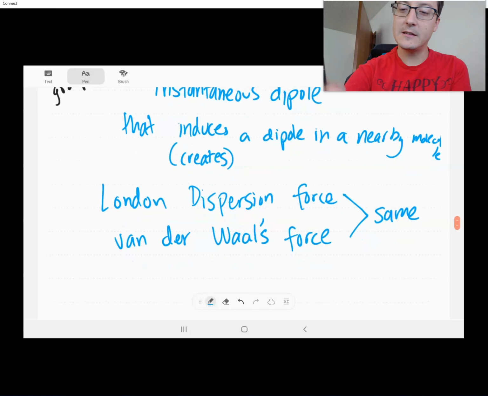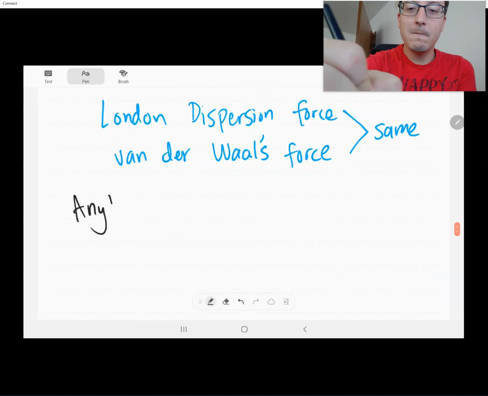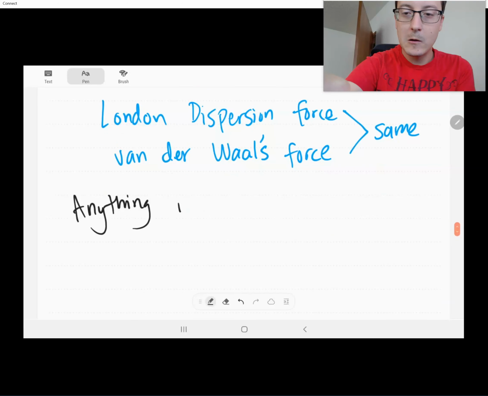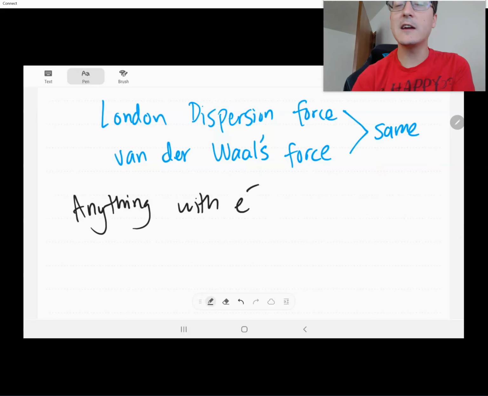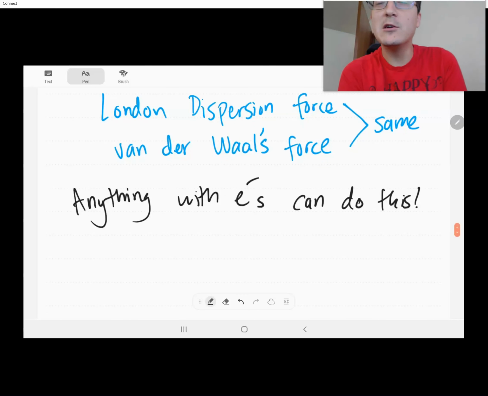And anything with electrons can do this. Any molecule or atom that has electrons, aka everything, can undergo this force.